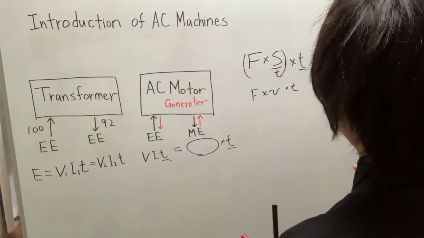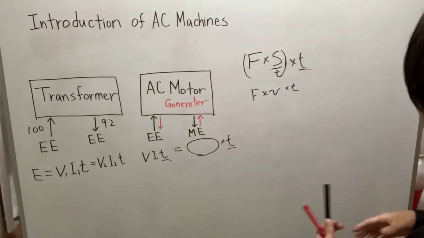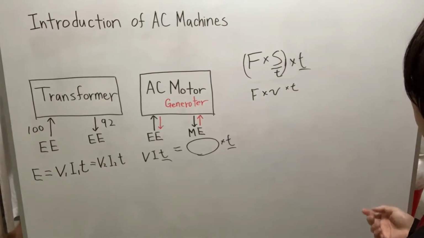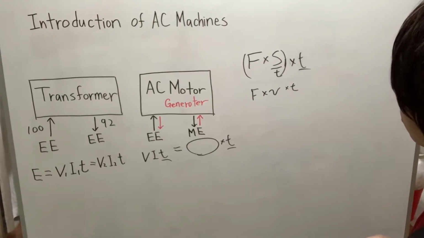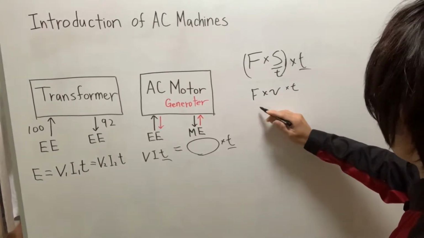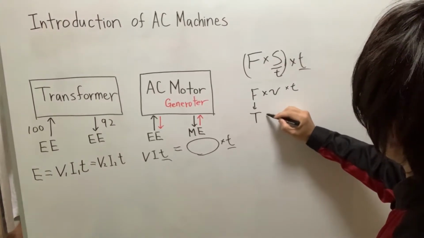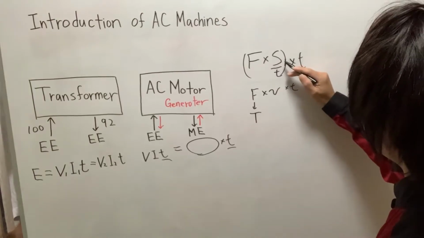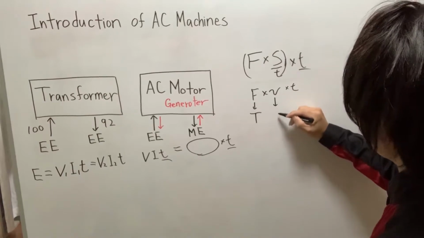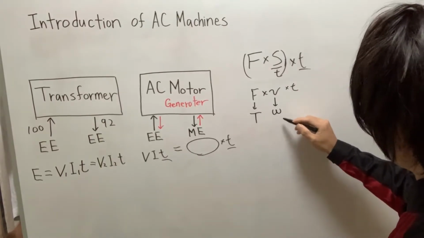So how about circular motion? I mean, a motor is a rotating device, so we need to convert it to circular motion. So okay, force will be called torque. All right, torque. And distance divided by time is nothing but omega, in radians per second.